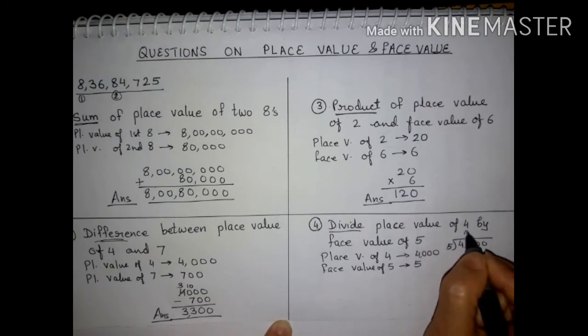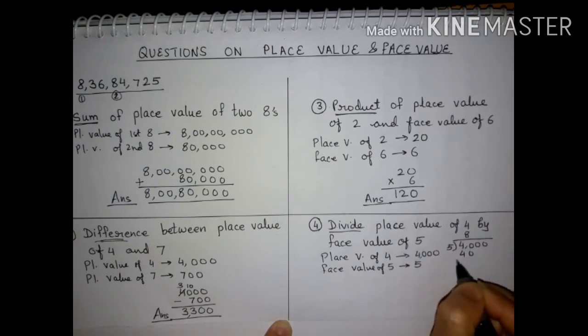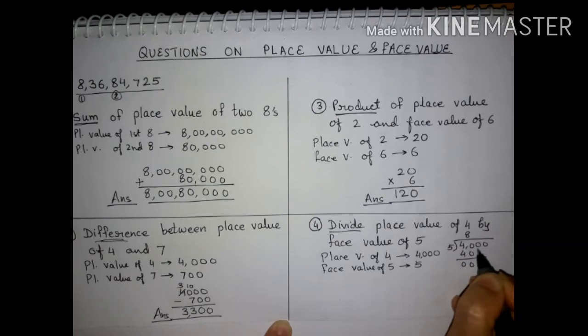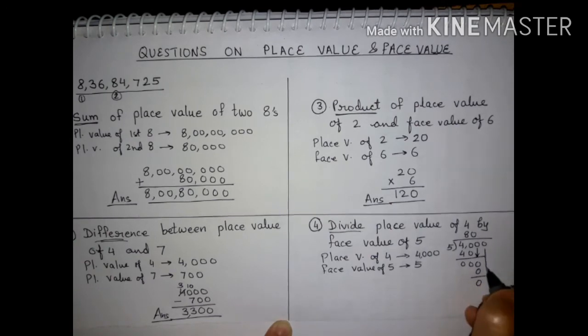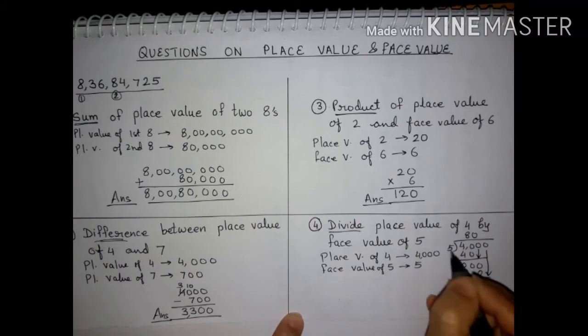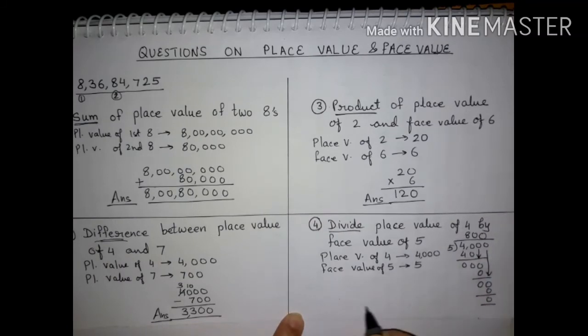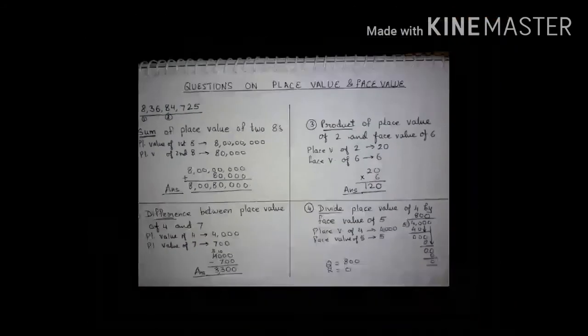Okay, 5 8s are 40. You bring down the 0. 5 zeros are 0. You get a 0 here. Bring down the next 0. 5 zeros are 0. And hence your answer will be, the quotient is 800 and the remainder is 0. Okay, I hope all this is clear to you.